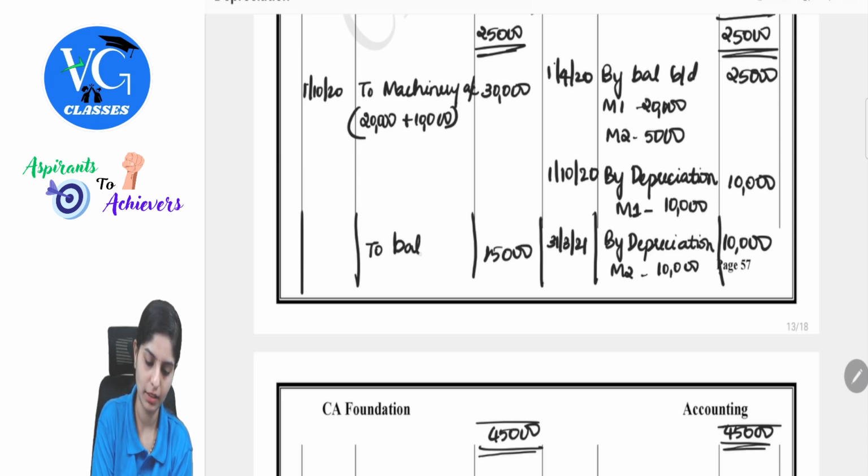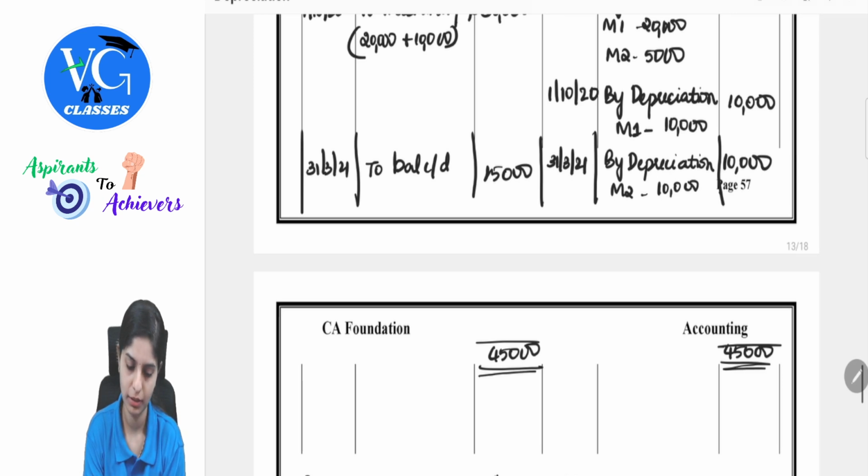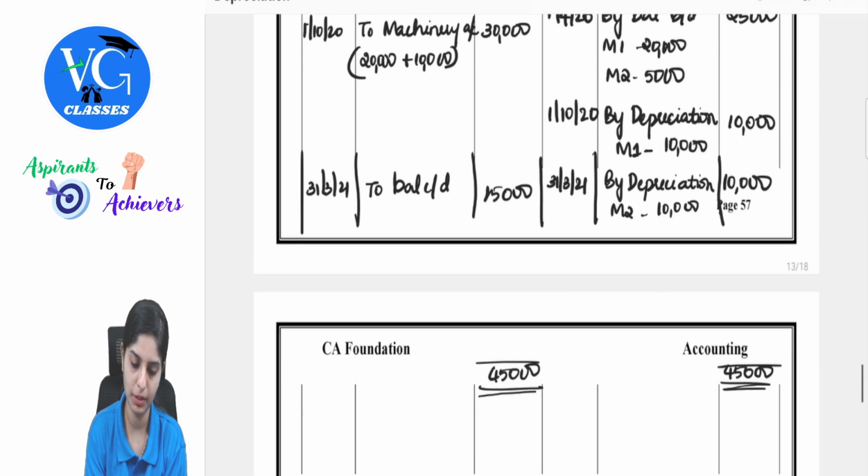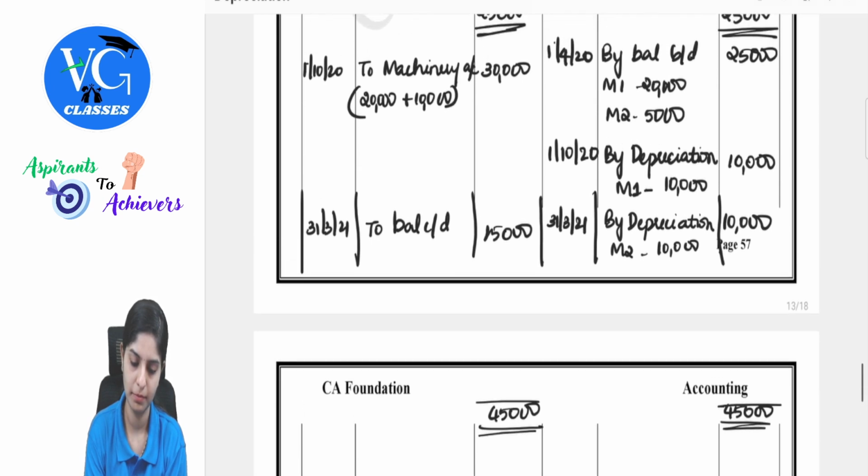The balance carried down 31st March 21. Now this is from machinery 2.